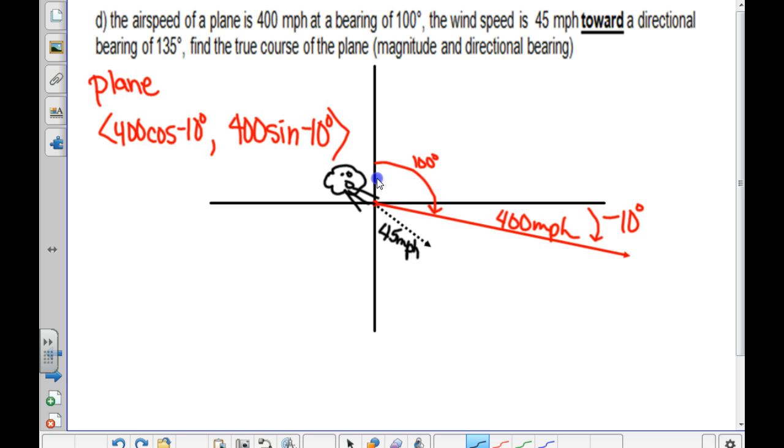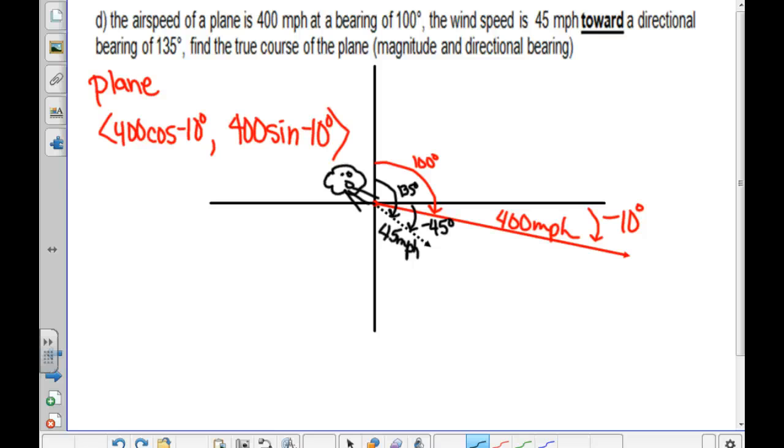And off of north, the bearing it's pushing it is 135. How would we find off the x-axis right there? Take off the 90 up there and we'd have negative 45. And it's negative because it's below the x-axis, right?